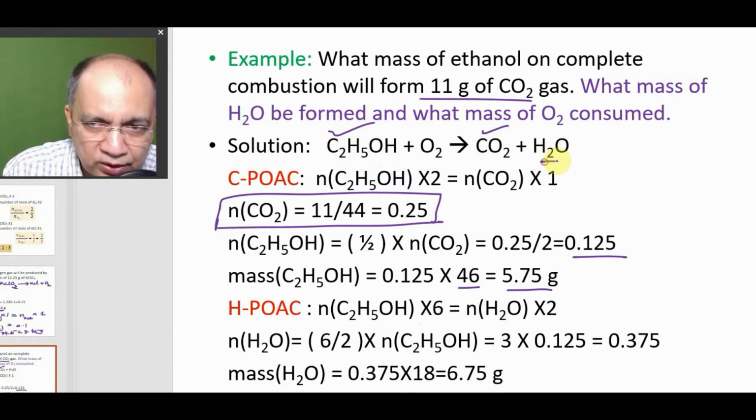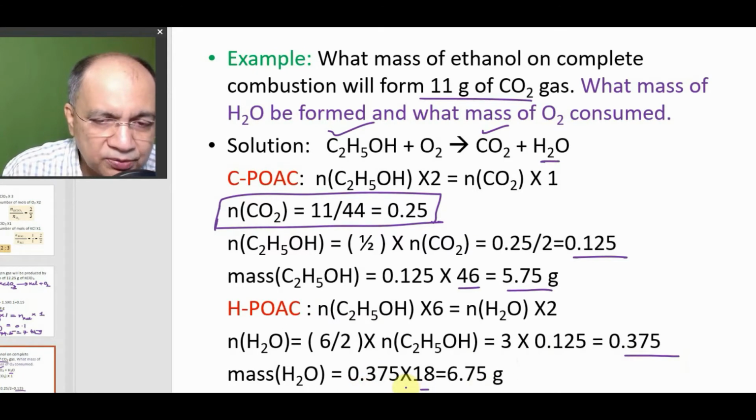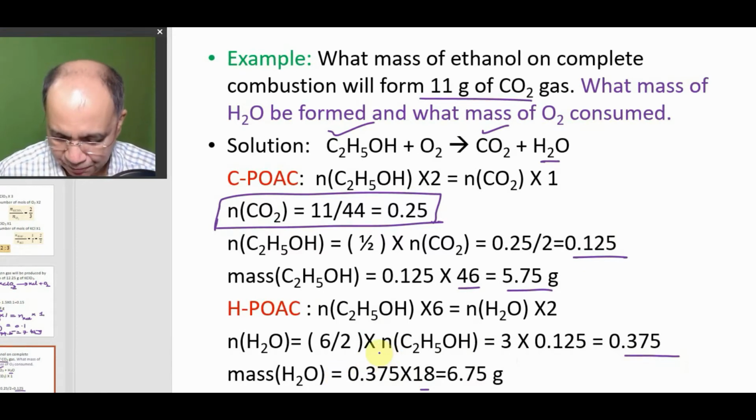Here there are 2 hydrogen atoms, here there are 6 hydrogen atoms, right? So from here we know the number of moles of water is equal to 6 by 2 into number of moles of ethanol. So the number of moles of ethanol we have already got, multiplied by 3 will give you the number of moles of water, and to convert to its mass you multiply by 18 to get the mass of water formed, 6.75 gram.